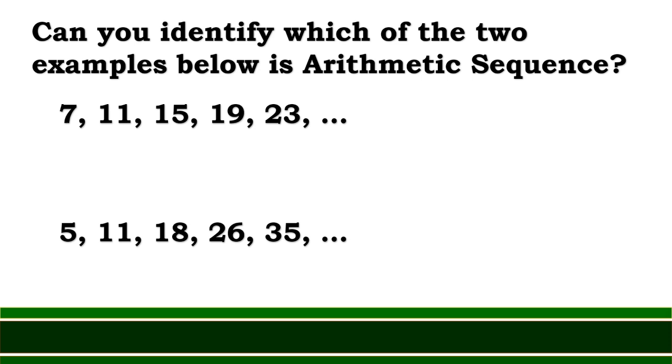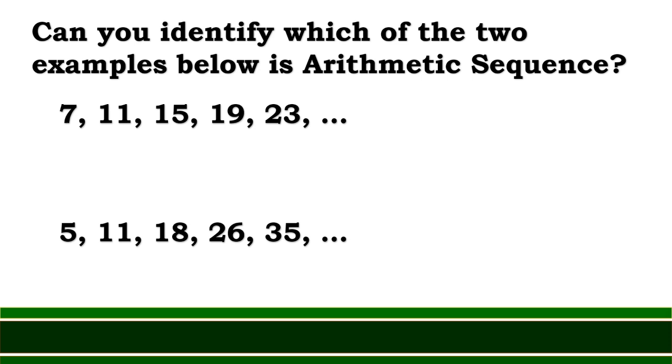For the first sequence, we have here 7, 11, 15, 19, 23, and so on and so forth. Then the other sequence, 5, 11, 18, 26, and 35. First thing to do, let us try to check their difference from the preceding term to its previous term.